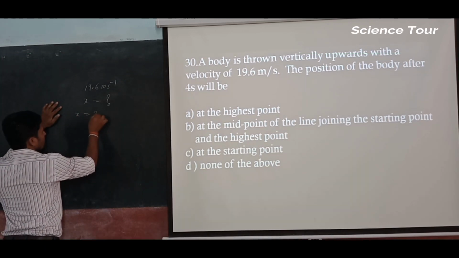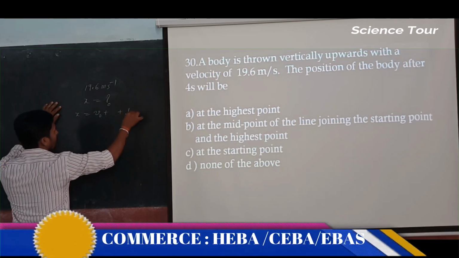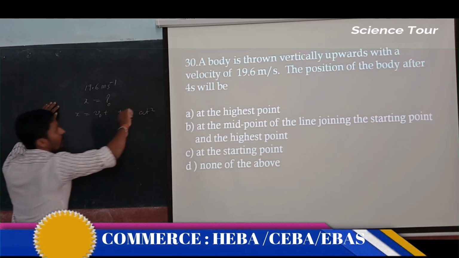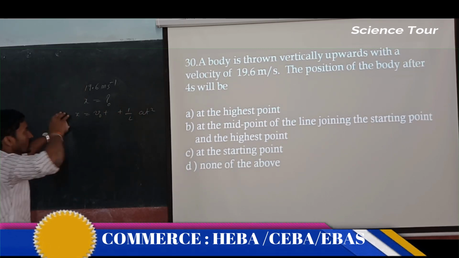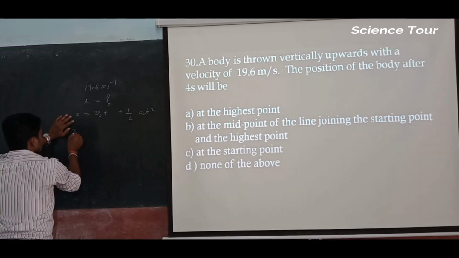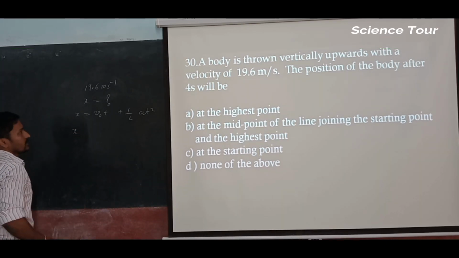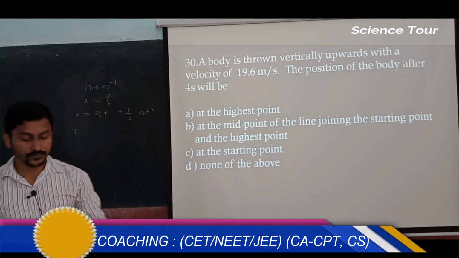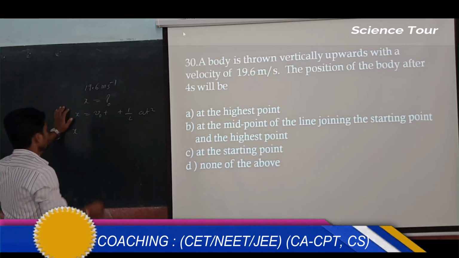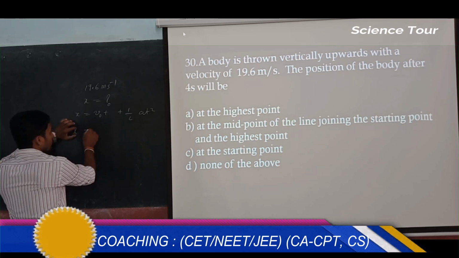So x is equal to v naught t plus half a t squared. Our body is thrown vertically upward with the velocity of 19.6 meters per second, so x I have to find out.